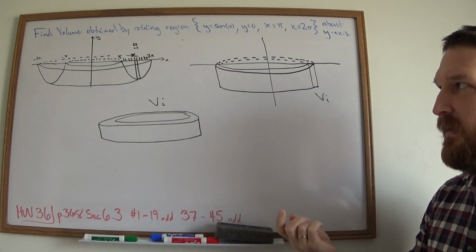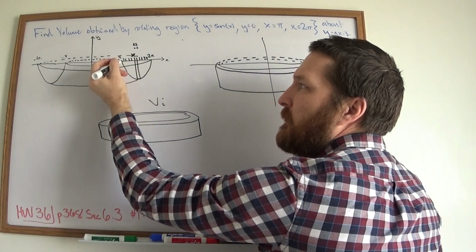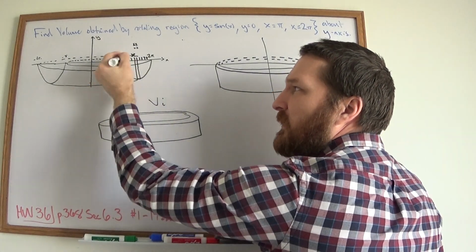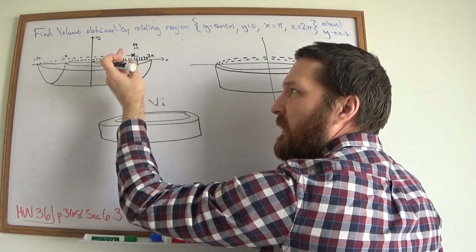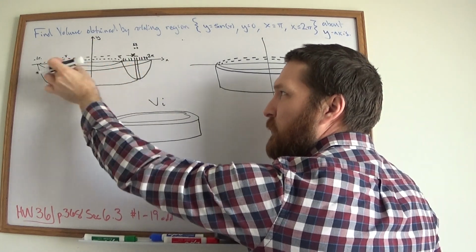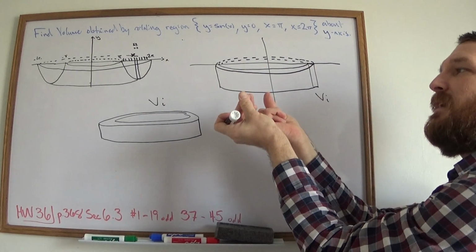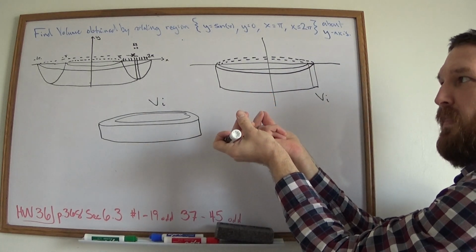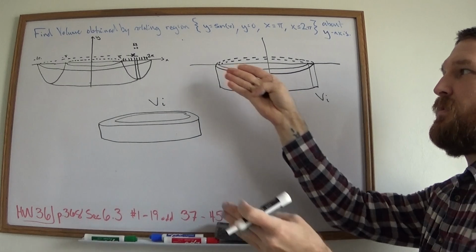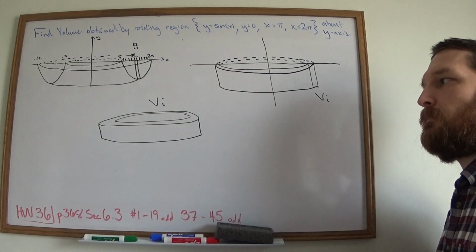Does everybody see that? Because what we're doing is taking all of the little cylindrical shells, this one, all of them all the way out to there, and then letting them get infinitely thin. When they do, it should converge to the volume that we want.